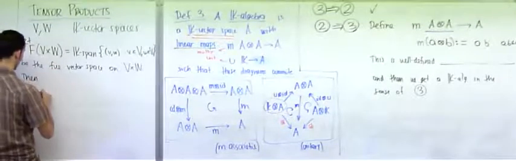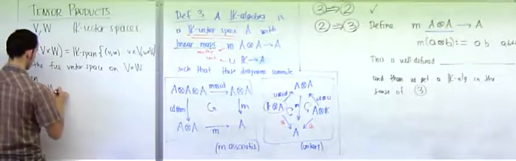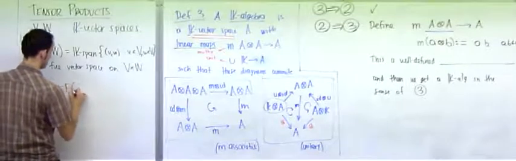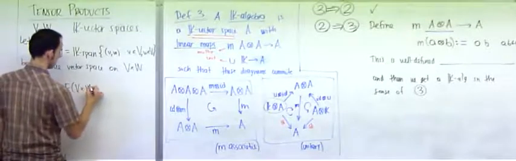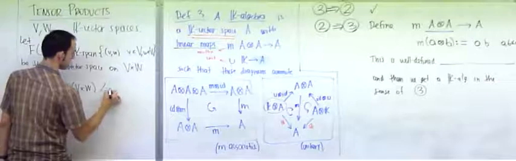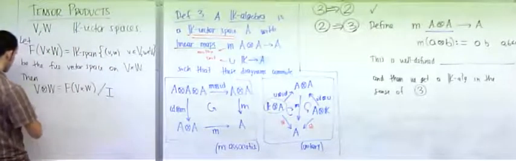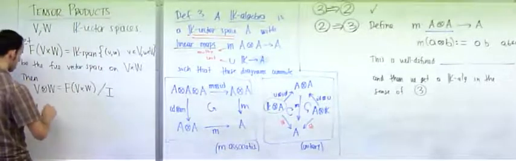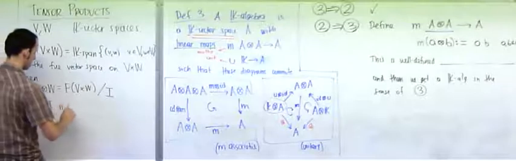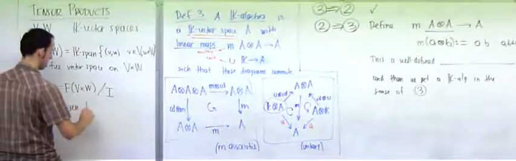The tensor product is this thing modulo some relations, where I is generated by the relations of linearity.